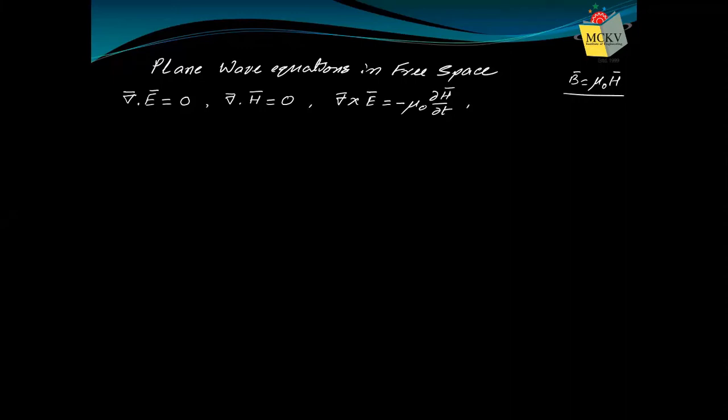The fourth Maxwell's equation, if I write in terms of E and H, curl H equals to, now the first term on right hand side consists of current density J. But again, in free space, there is no medium, there is no charge, no current. Therefore, it will be epsilon naught del E del T. So these are our four equations. These are the four equations in free space.